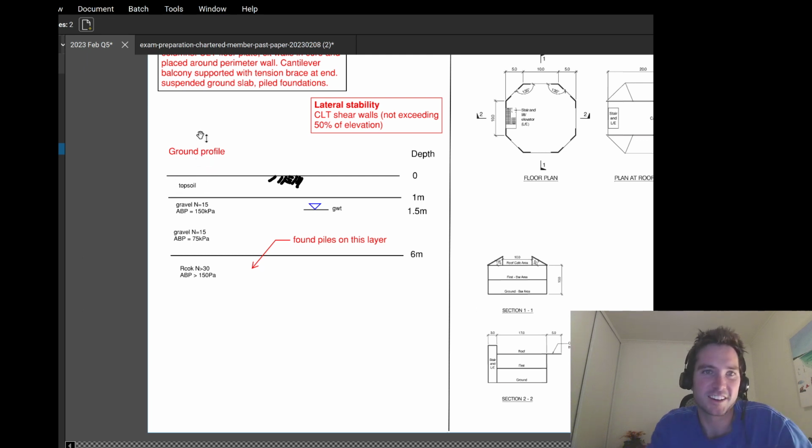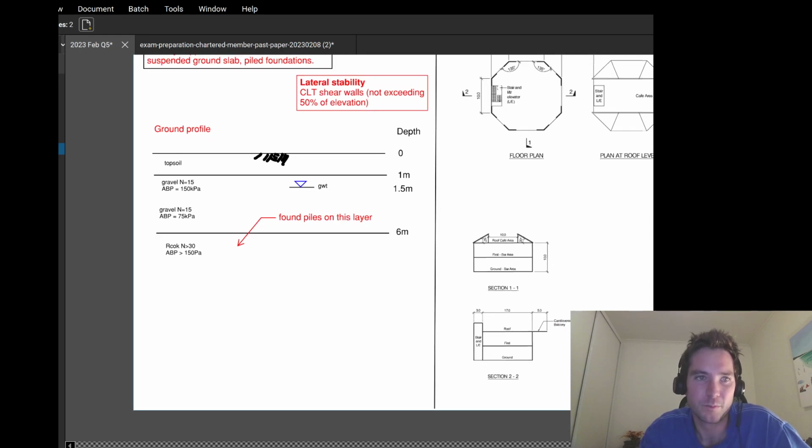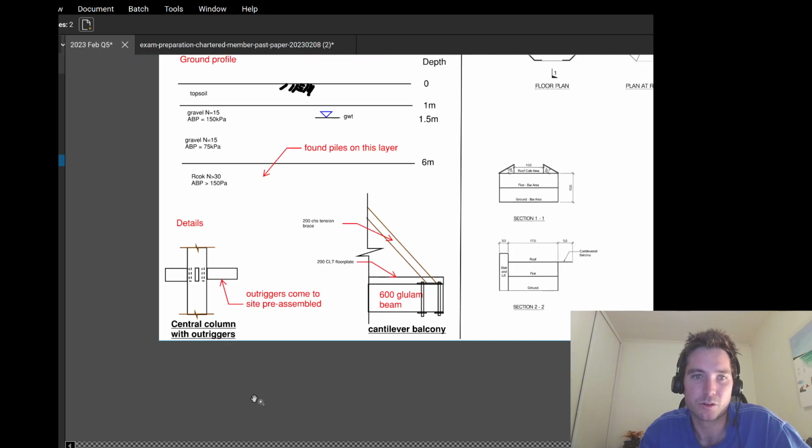If you think that's not appropriate, leave it in the comments, see if others agree. But yeah, my opinion is if I can leave that topsoil here with an economical solution, because it's going to be expensive to excavate the whole top meter, and if I can get away with it without doing it, then why not? So coming down to some details, just some critical details.